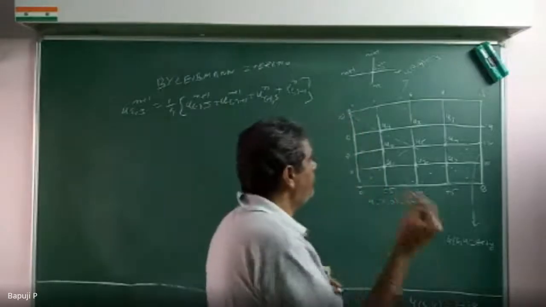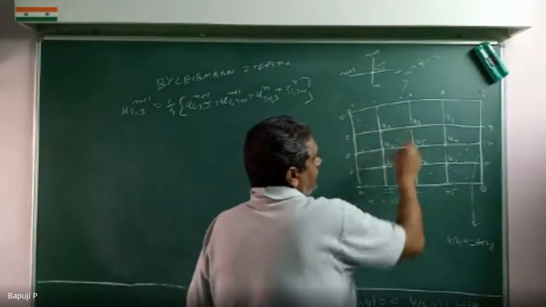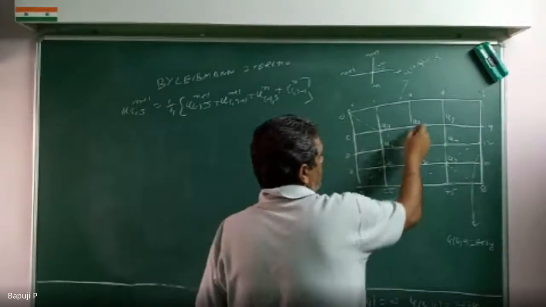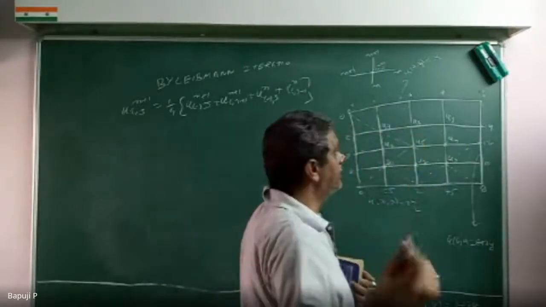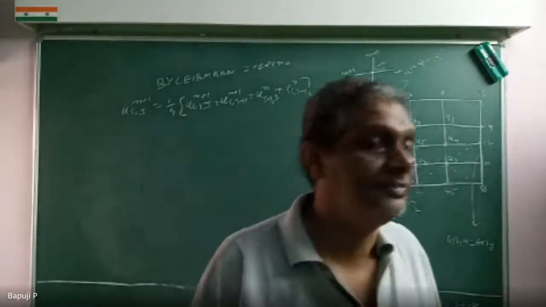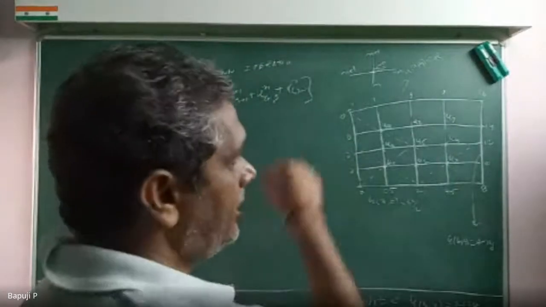Now see how beautifully I am finding u of n plus 1: this plus this plus this plus this. Suppose n is equal to 0, then u9 1 you will get, and this 0 position is already in my hand. Suppose you come to the u8 of n plus 1 formula, tell me. 4 is common. 4 plus u9 n plus 1.